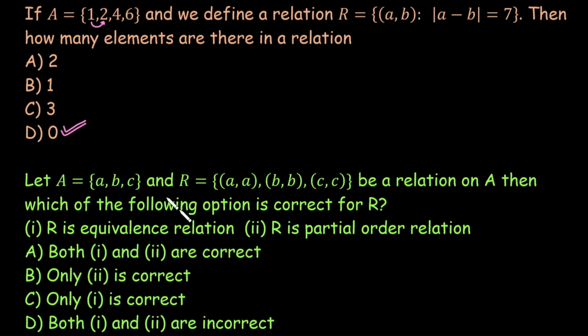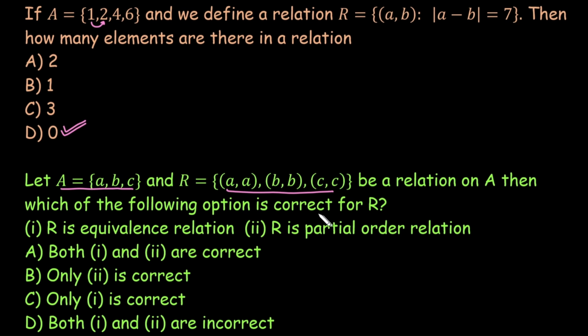The next example: suppose A is a set that contains these three elements A, B, C, and here we have taken the equality relation. Means A is related with A, B is related with B, and C is related with C. Recently we covered that the identity relation is reflexive, symmetric, antisymmetric, and transitive.